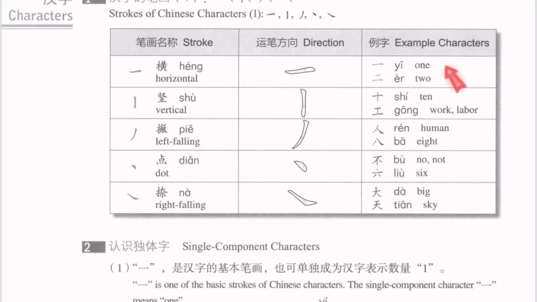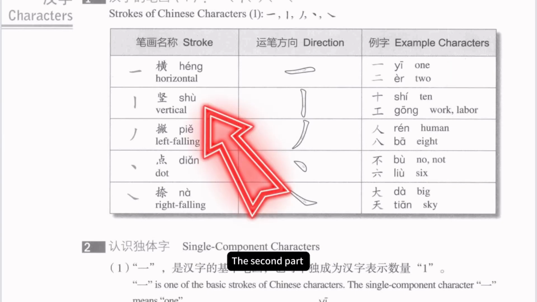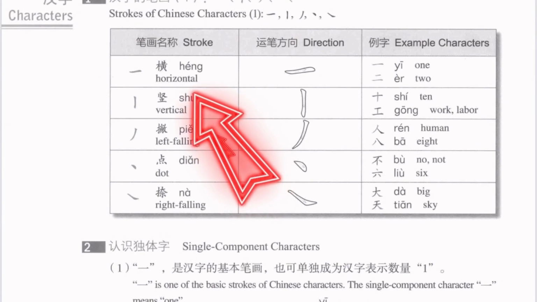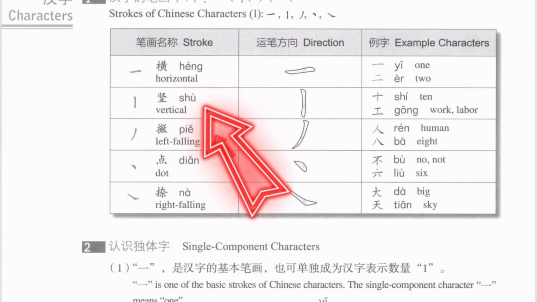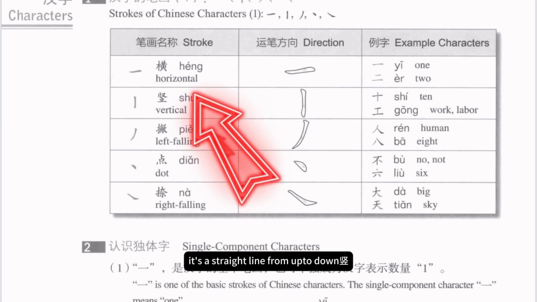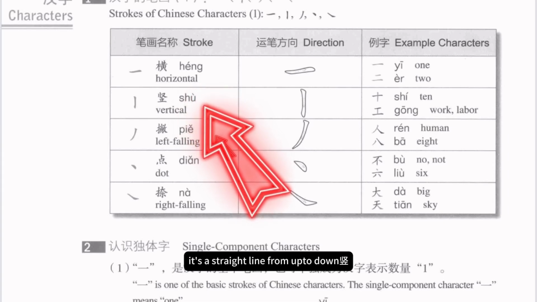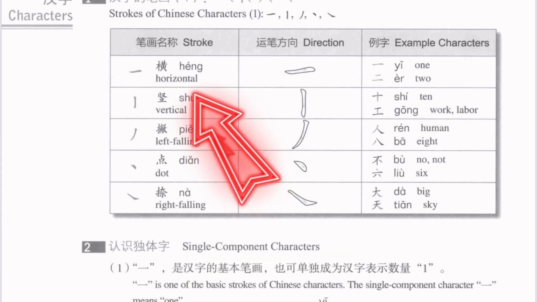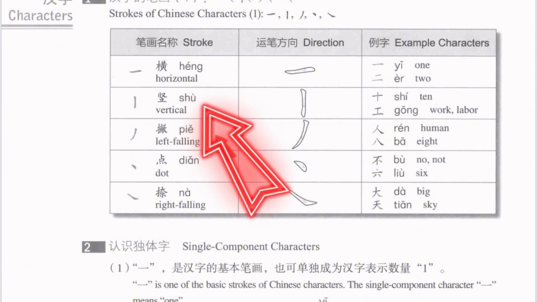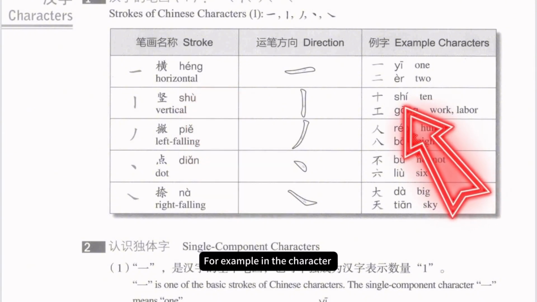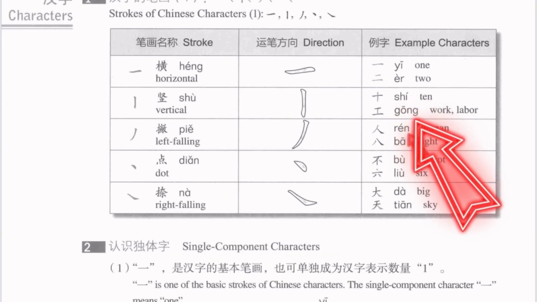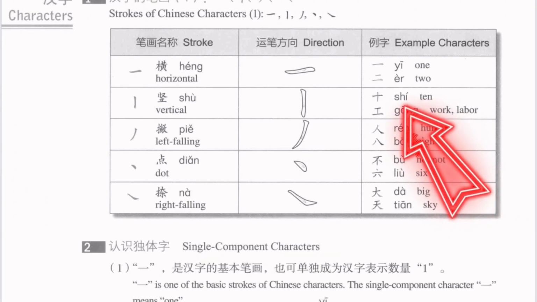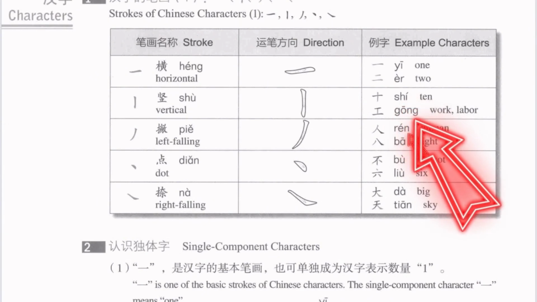一,一. 二,二. The second part. 竖,竖. It's a straight line from up to down. 竖,竖. For example, in the character 十, 十.